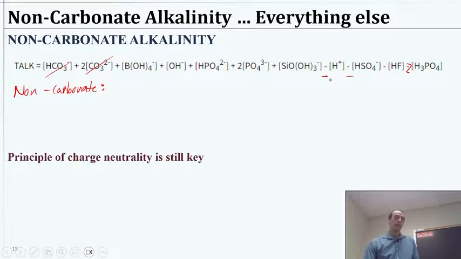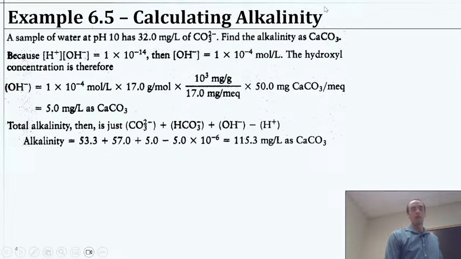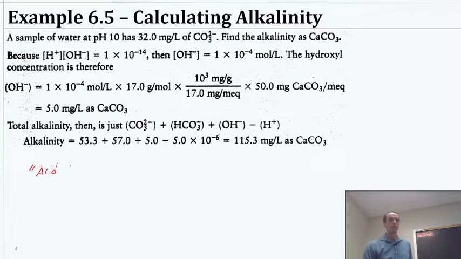Those will usually only exist at pretty low pHs, but technically they would be a part of the carbonate, part of the alkalinity system. So we can think of alkalinity again as, it's often referred to as the acid neutralization capacity.